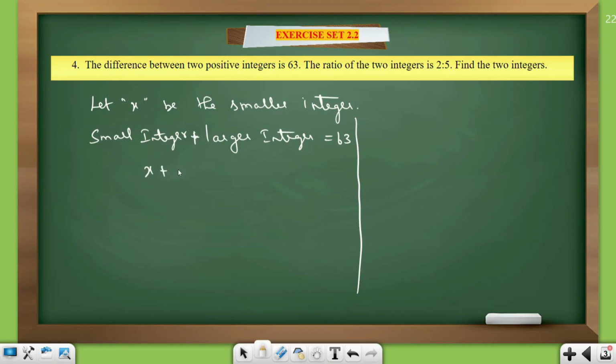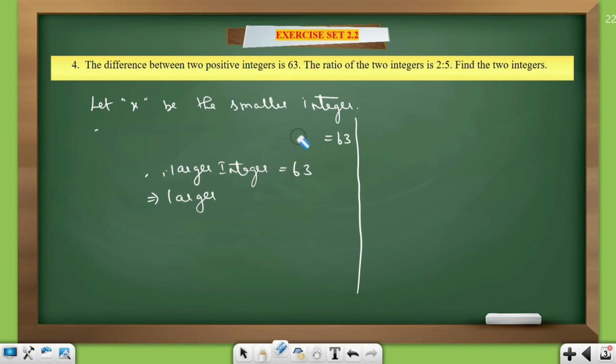So this should be x plus larger integer, which equals 63. But this is not the sum, this is the difference, right? Okay, sorry. So this could be larger minus smaller.